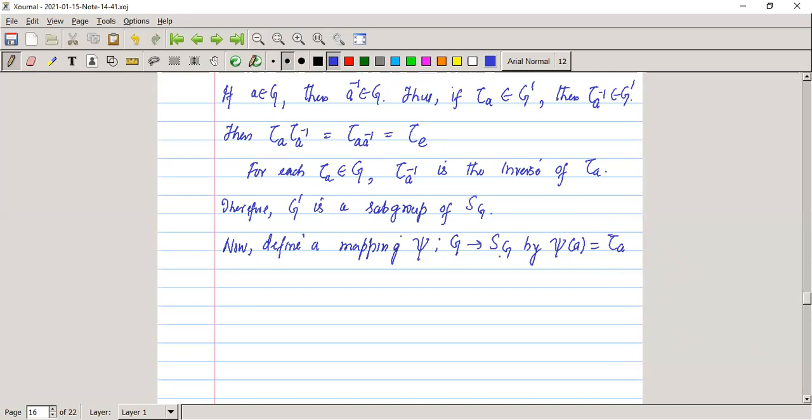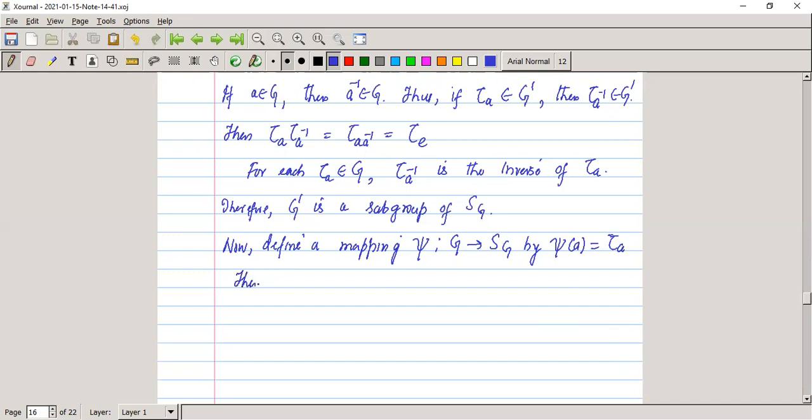Now, since this tau_a is an element of S_G, and in particular an element of G dash, we will prove that this mapping is an injective homomorphism. So it will mean that this mapping will preserve the operations of G and the operations of G dash. So hence we can conclude that G is isomorphic to a subgroup G dash of S_G. And in fact, we can also prove that this mapping is a bijection from G into G dash.